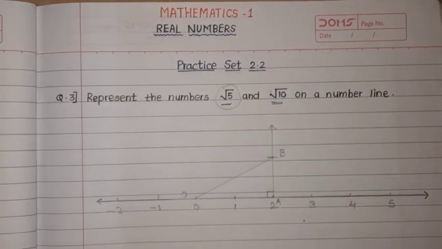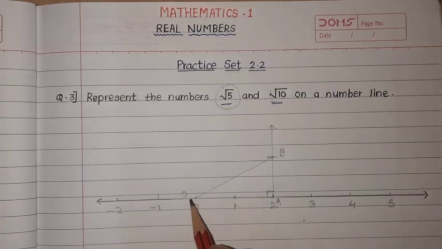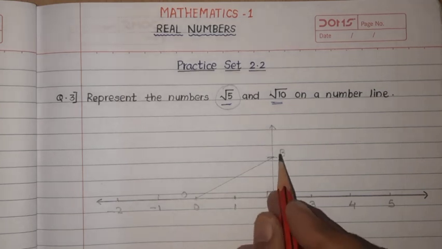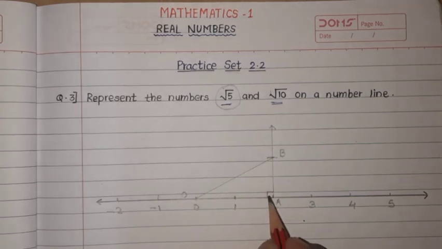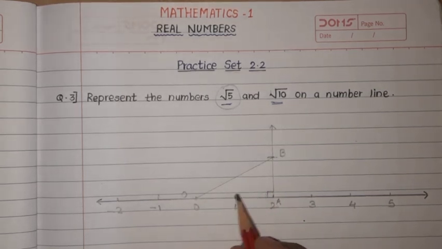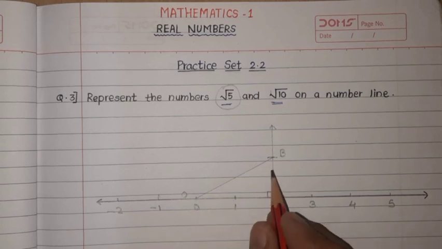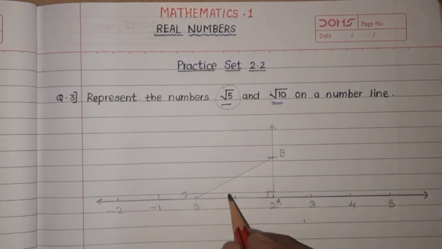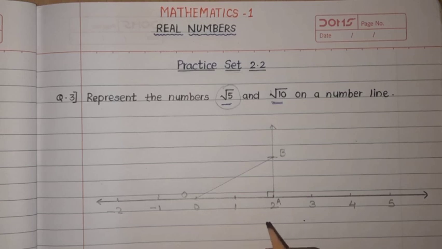Now dear students, here we get a triangle OAB, and here angle A is 90 degree. That means triangle OAB is a right angle triangle, and in this right angle triangle, now dear student, can you tell me the distance between O to A, that means distance OA, is how much?